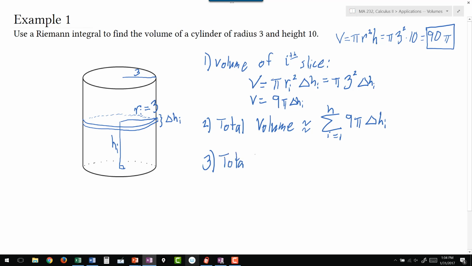Well, if we think of that as the approximate total volume, then taking more disks would give an exact volume.